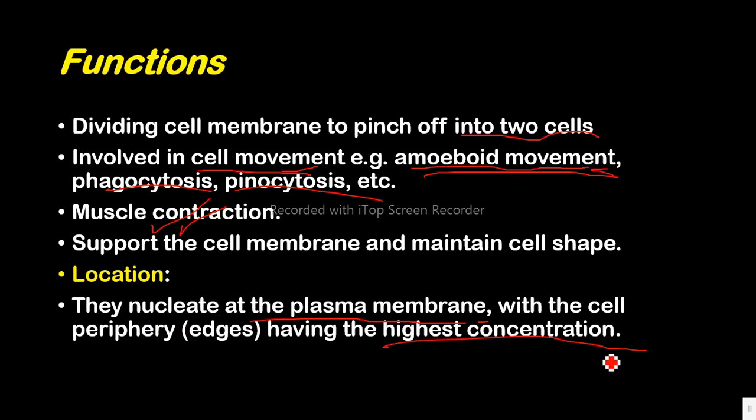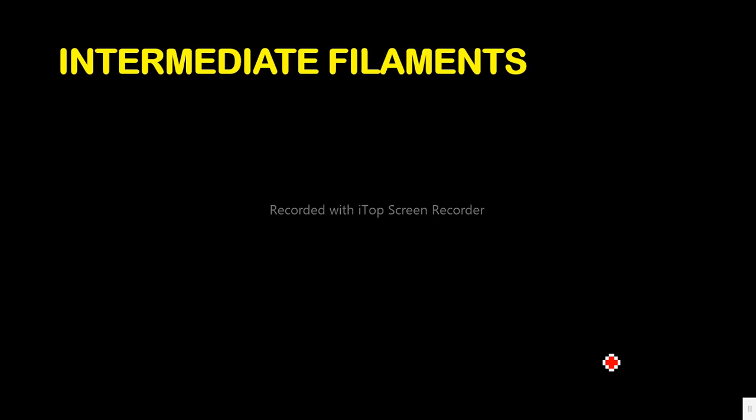So that's where they are abundant. And since they're involved in maintaining the cell shape, you expect them to become abundant within the cell membrane.